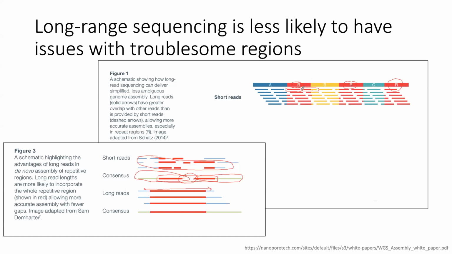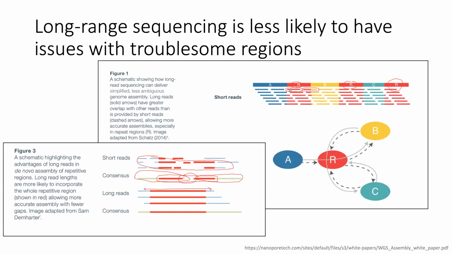But if you're just looking at the short reads instead of the long reads, maybe it goes like RB, RB instead of RB, RC. And so when you're trying to graph these together, you get some really complicated genomes, and they're not as circular as we would hope them to be.